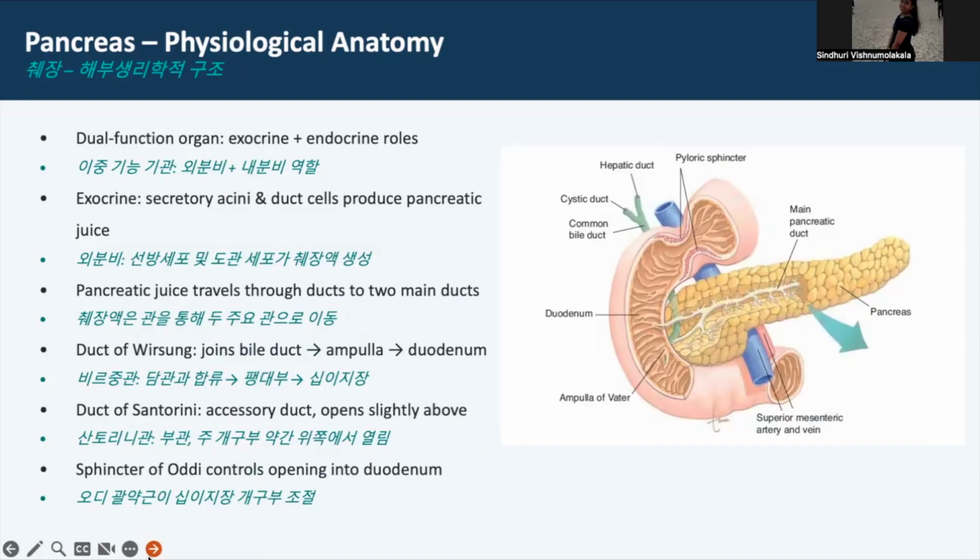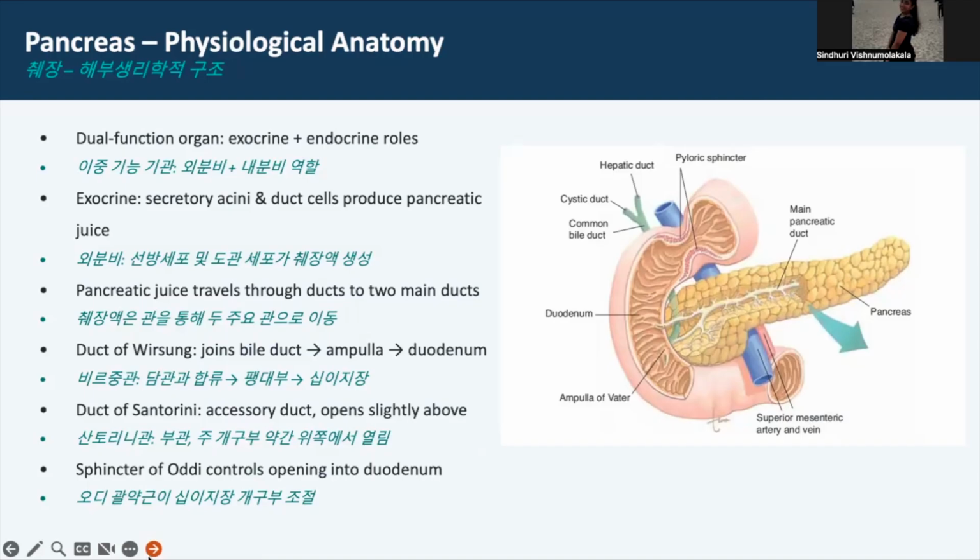For example, imagine a clover-shaped cell, a columnar cell, and these are called the acinar cells. It also has nuclei and it releases the pancreatic juice into the secretory acini, which are produced by the duct cells.